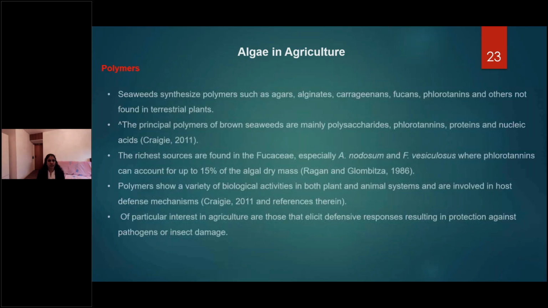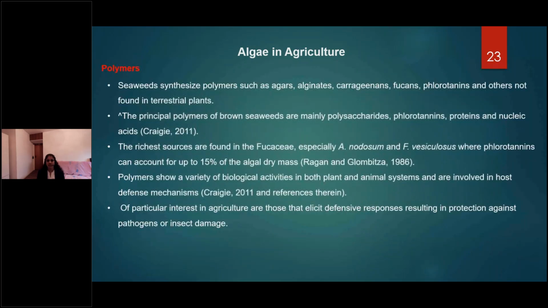So the polymers. Seaweeds synthesize polymers such as agars, alginates, carrageenans, fucans, phlorotannins, and others not found in terrestrial plants. The principal polymers of brown seaweeds are mainly polysaccharides, phlorotannins, proteins, and nucleic acids. The richest source is found in Fucaceae, especially Ascophyllum nodosum and Fucus vesiculosus, where phlorotannins can account for up to 15% of algal dry mass.